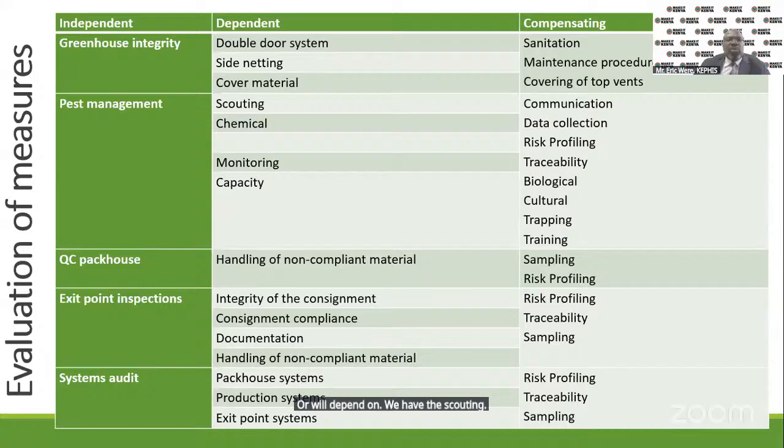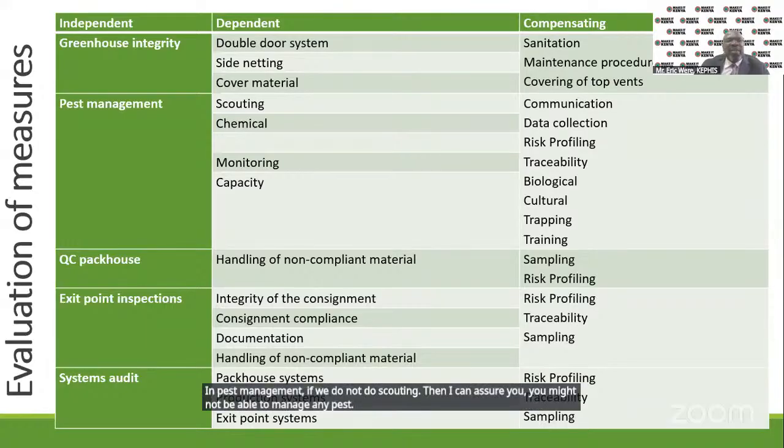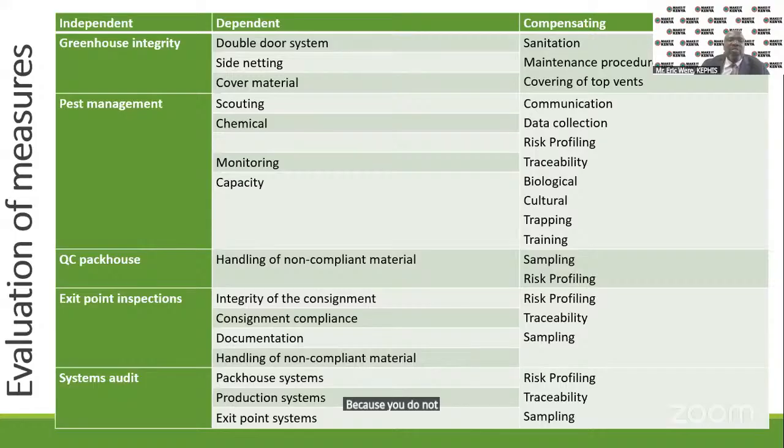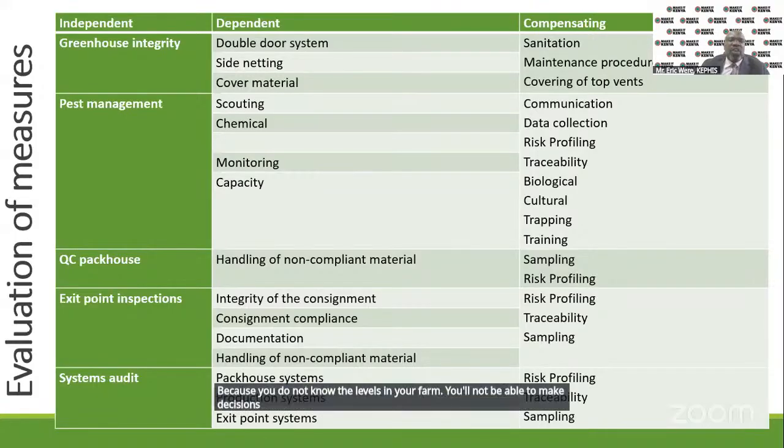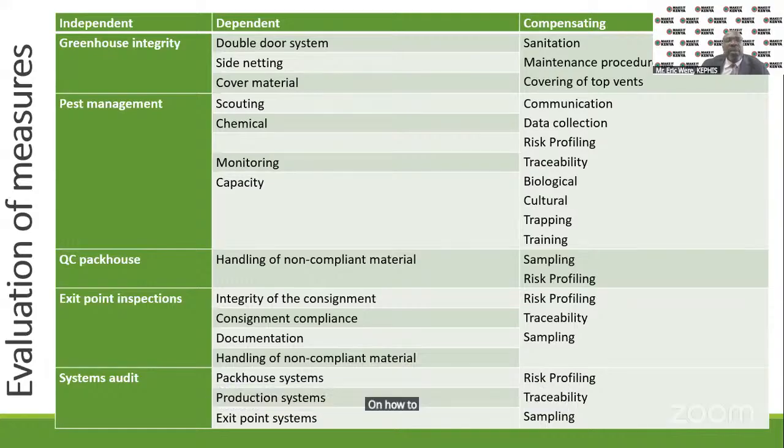In pest management, if we do not do scouting, then I can assure you, you might not be able to manage any pest because you will not know the levels in your farm. You will not be able to make decisions on how to manage that particular pest. The chemicals that we use, are we using the right chemicals that will be able to control or manage this particular pest?